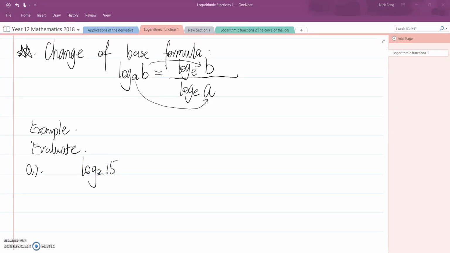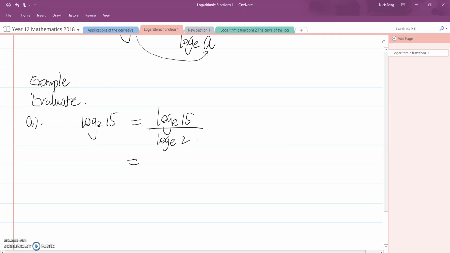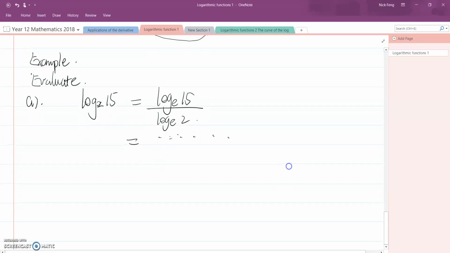Well, you can't find the actual power that 2 to the power of something equals 15. All you need to do is put log base e of 15 and log base e of 2 inside the calculator. Sorry, girls, unfortunately, I don't have a calculator with me now. So that would just be dot, dot, dot. You put this in the calculator, you should find the answer.